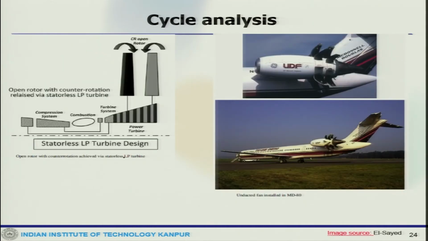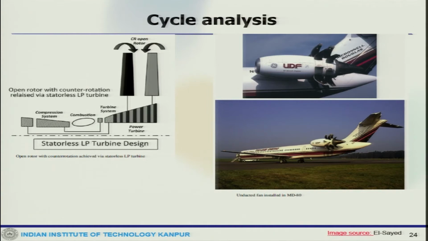Here is an example of an open rotor. This is the GE36 unducted fan. This is an aft mounted open rotor fan system with 2 rows of counter rotating composite fan blades. So, this was in the 1980s.